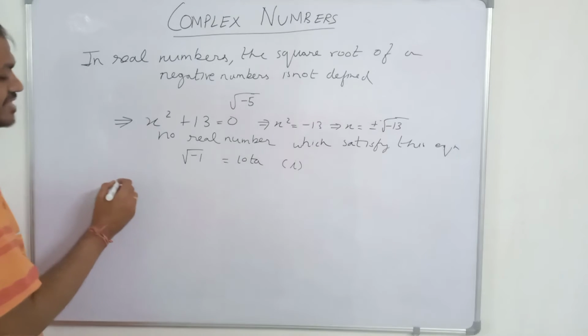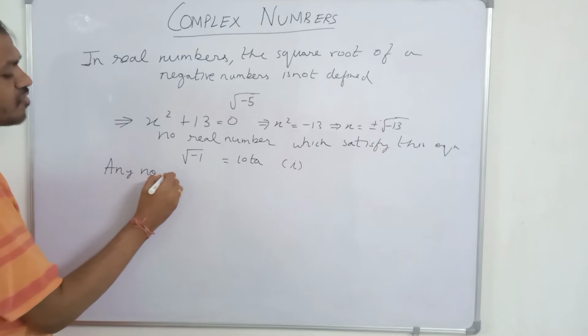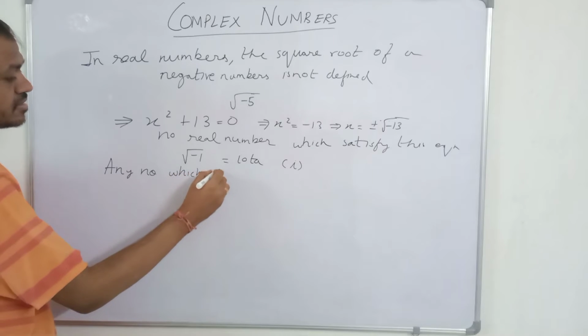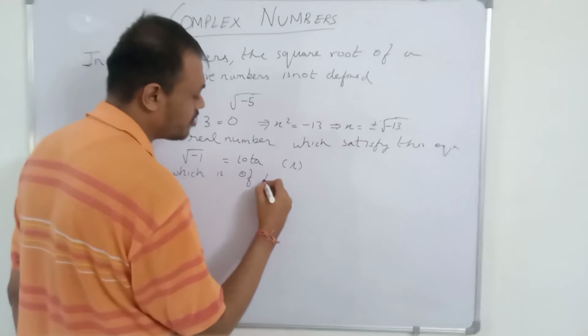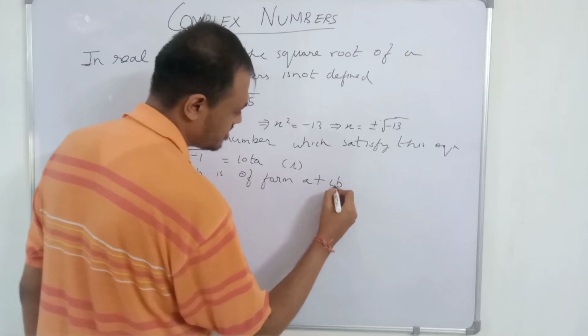Now any number which is of the form a plus iota b is called a complex number.